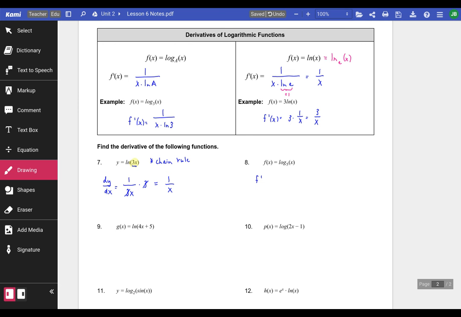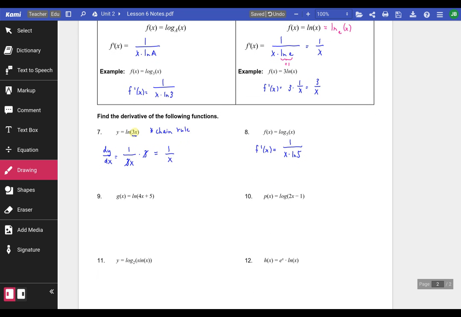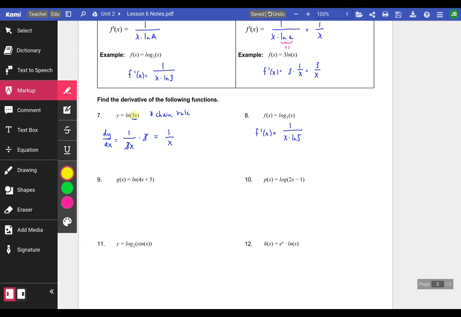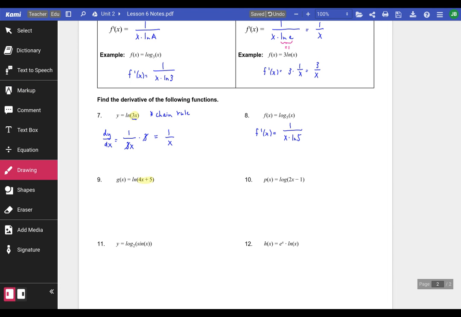Number 8, this is just a straightforward application of our derivative of logarithmic functions. That's going to be 1 over x times the natural log of our base, which is 5. Number 9, we can see we've got natural log again, and because what's in parentheses is 4x plus 5, we're back to our chain rule.